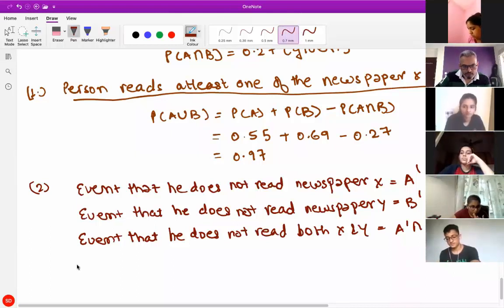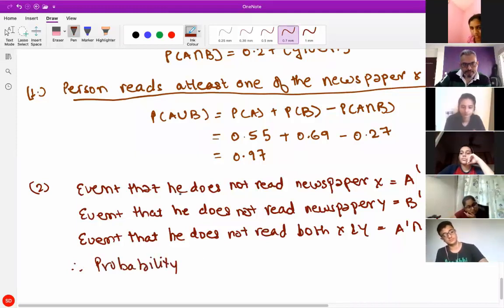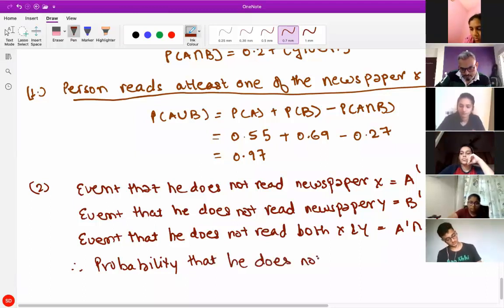So now, therefore, probability that he does not read any newspaper.